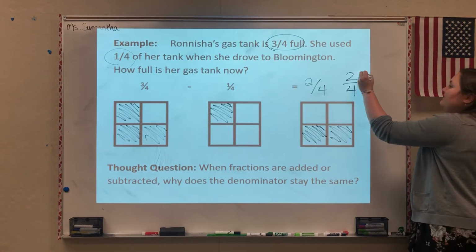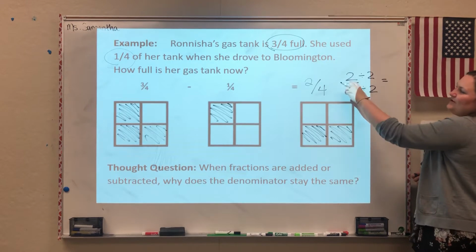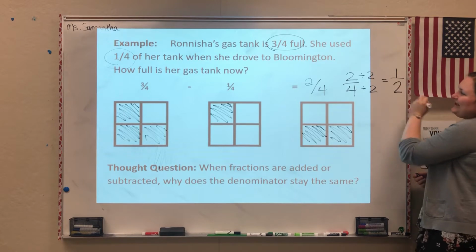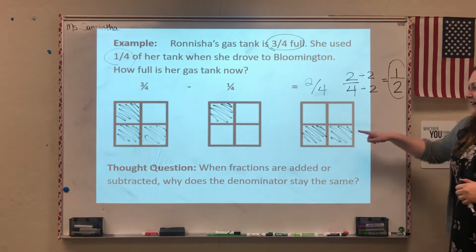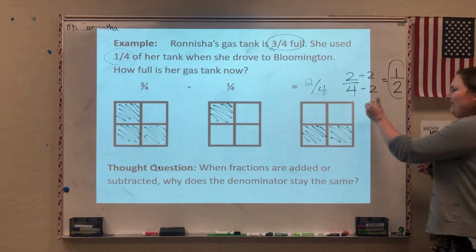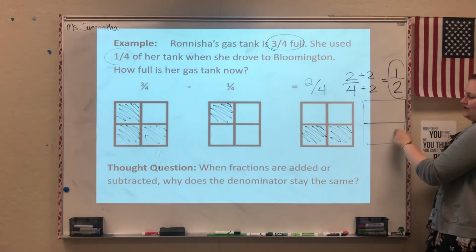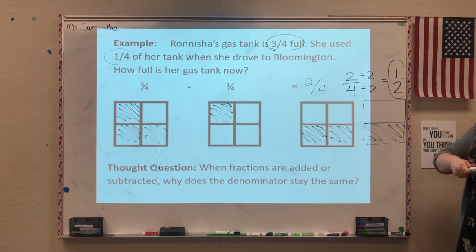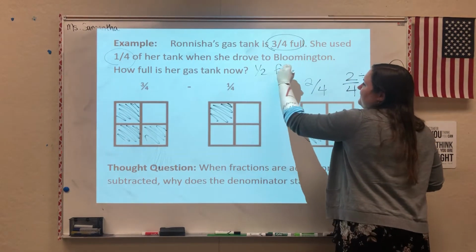If I divide both 2 by 2 and 4 by 2, 2 divided by 2 gives you 1, 4 divided by 2 gives you 2, and there we go, we've got 1/2. If I look at the picture, I can see this is 1/2. If I just redraw that and only divide it into 2 parts, she's got half of a gas tank left. So to answer the question, how full is her gas tank now? We could say it is half full.